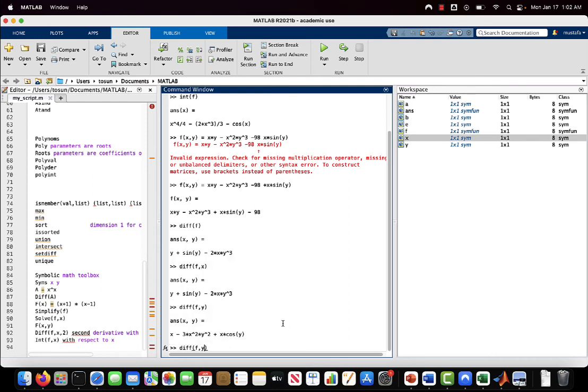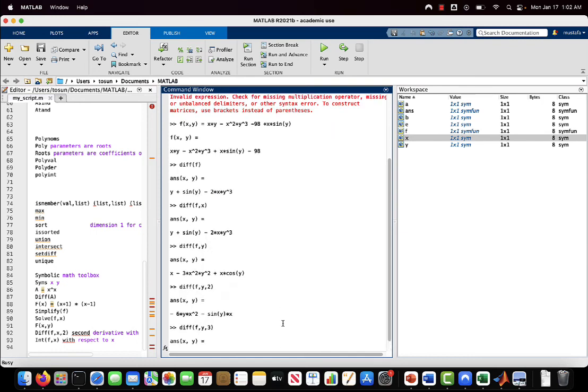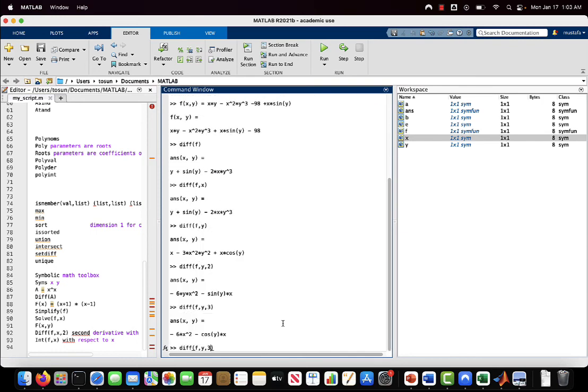And you can also do it for y, but this time you can get the second derivative and third derivative and fourth, fifth. And because I have sine and cosine, you can increase it forever.